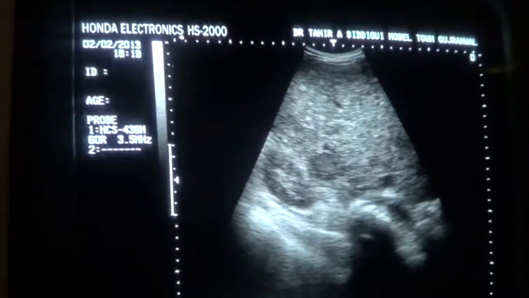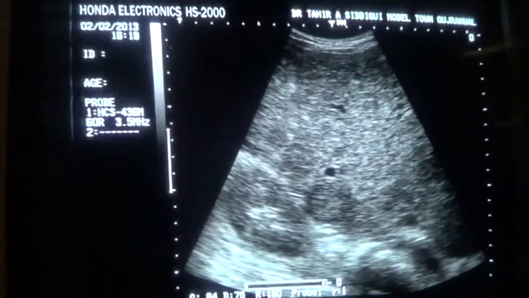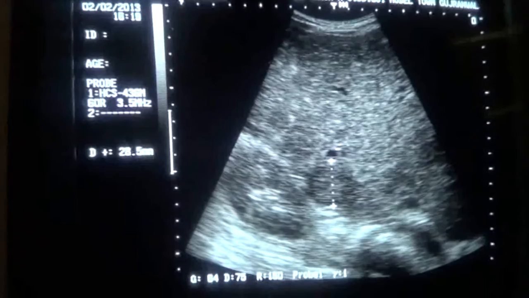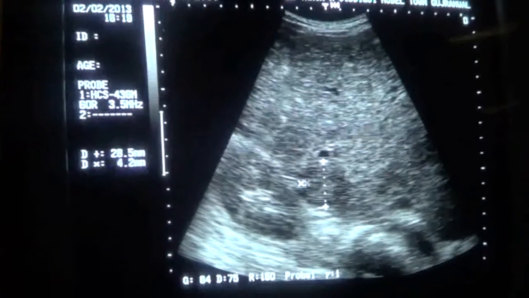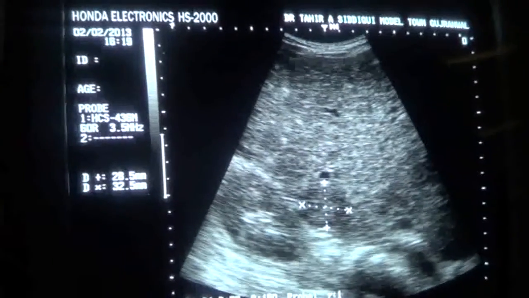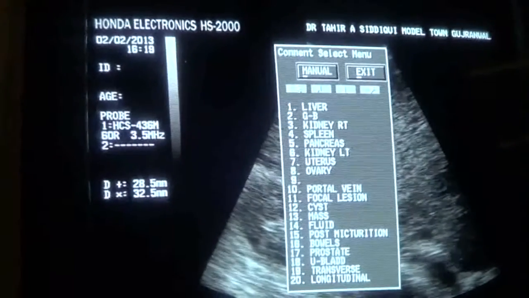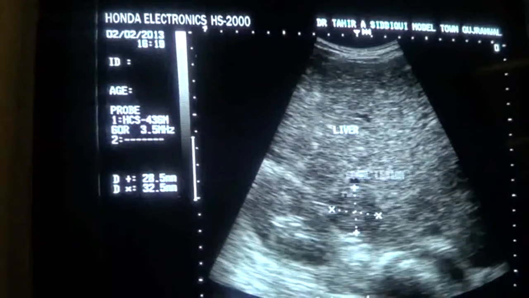You see one more. Here is the other one. This is another focal lesion which is hypoechoic in the right lobe of the liver. This is the focal lesion, this area.